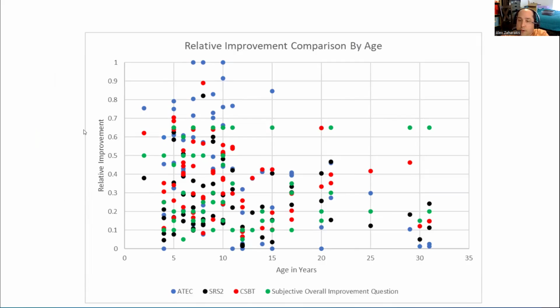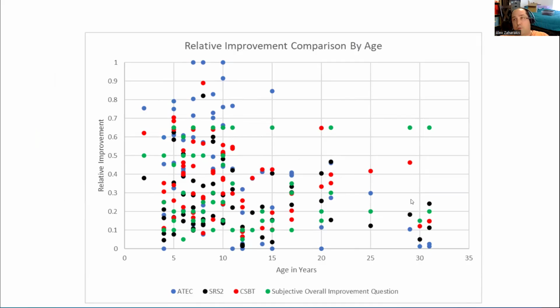And just by showing it this way, you can see there appear to be more responses in the lower age range for higher relative improvement than there are for older individuals. But that doesn't mean that you can't see improvement at older age. It also could be a feature of the underlying limitations in answering and the questionnaires themselves.